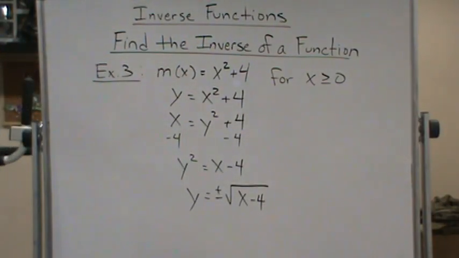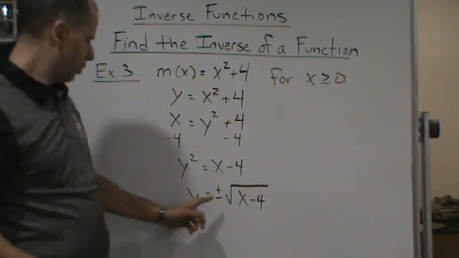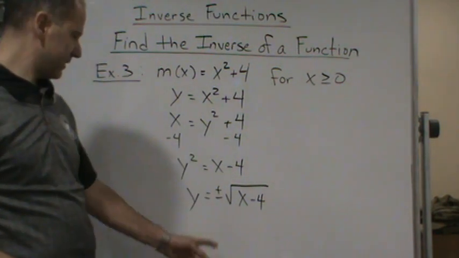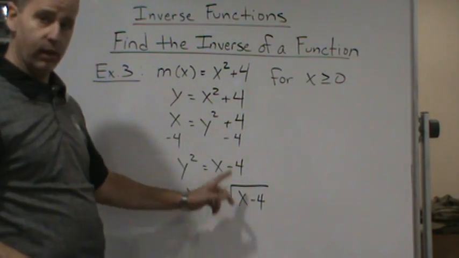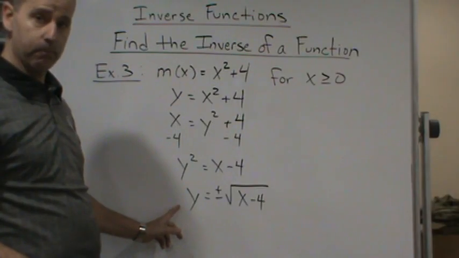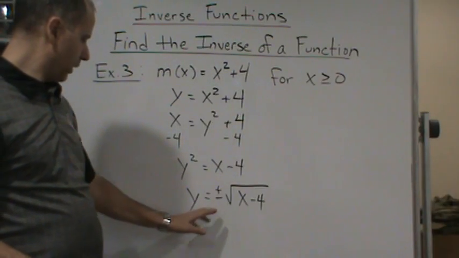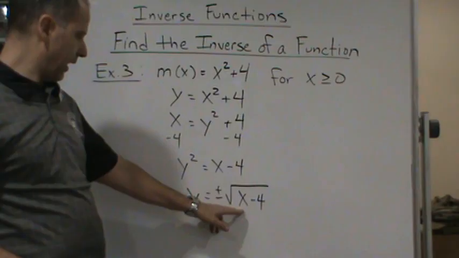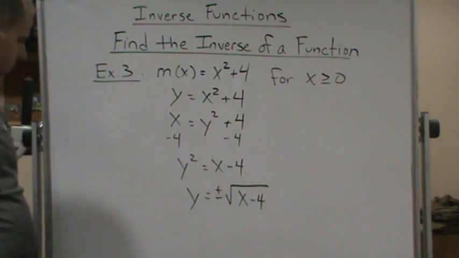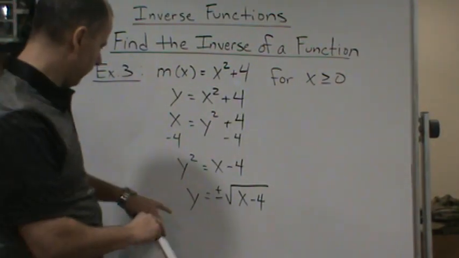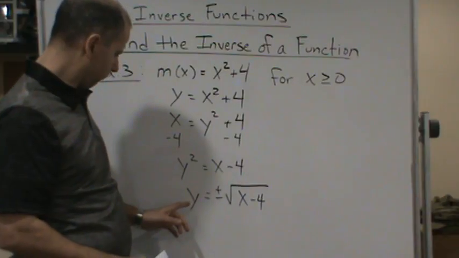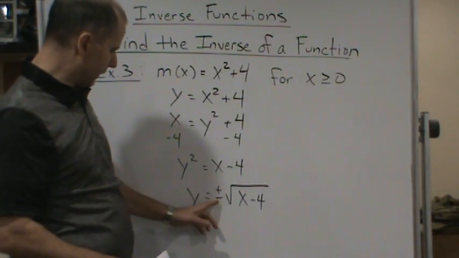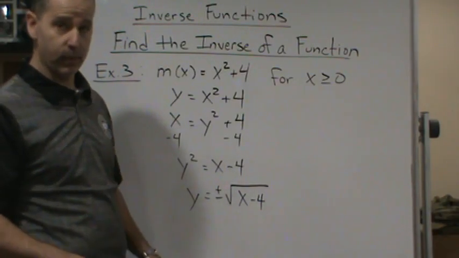Now normally we would say, oh, there's no inverse, because remember, we can't have a plus minus here. That means, hey, there's 2 values of y, right? So for every x value, or excuse me, going back, this plus or minus is going to be a problem.